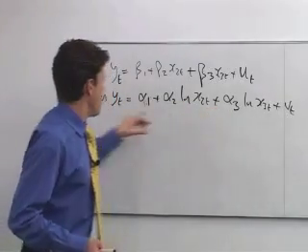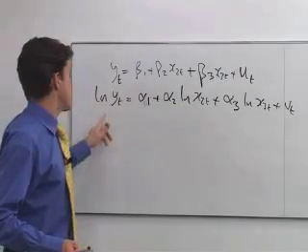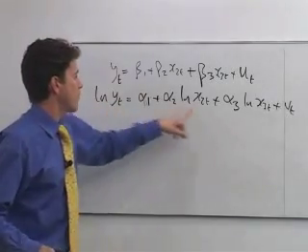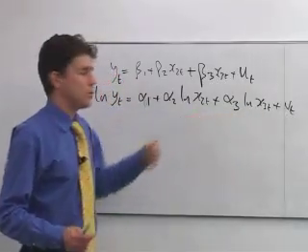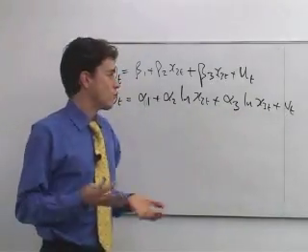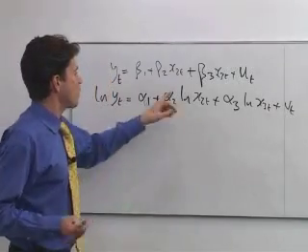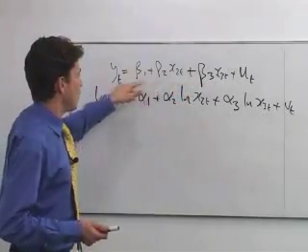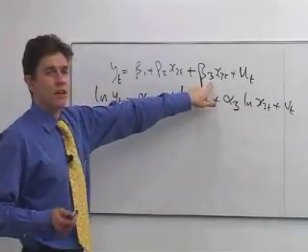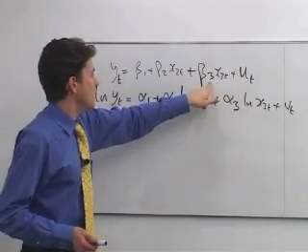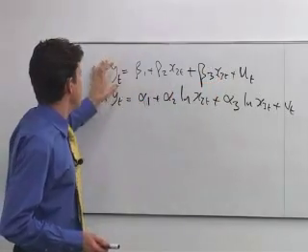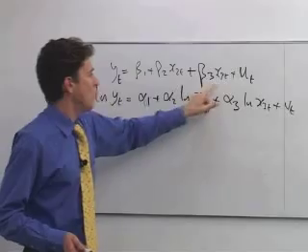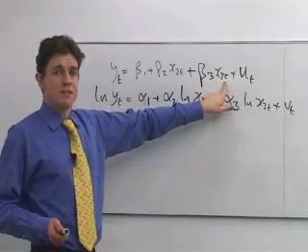Notice that in what we call a double logarithmic formulation, that is where both the dependent variable and the independent variables are expressed in a logarithmic form, we end up with quite a nice interpretation for the coefficients. In the original model here, the interpretation of the coefficient beta 3 would be that beta 3 represented the change in y that would be caused by a unit change in x3.